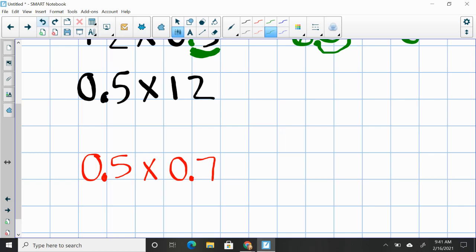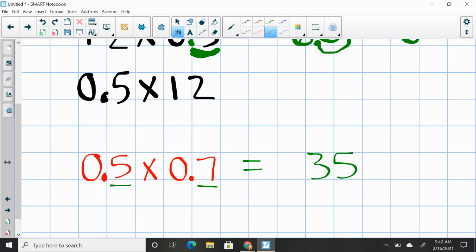I'm going to ignore those decimal points, and I'm going to treat this problem as if it were 5 times 7, right? What is 5 times 7? 5 times 7, 35. Okay. Now, I know that I'm not taking 5 whole times 7 whole, or I do not have 5 groups of 7. I have a half of a group of 7/10.